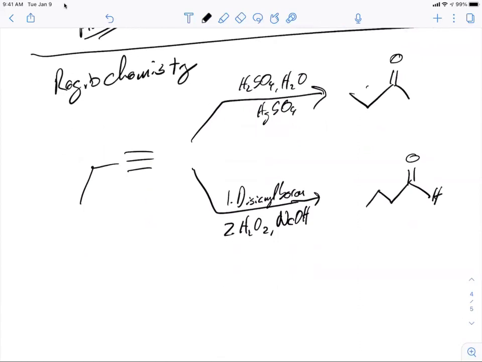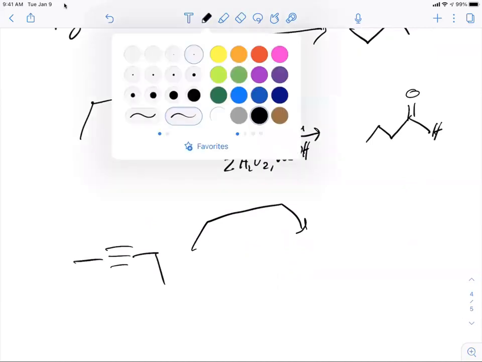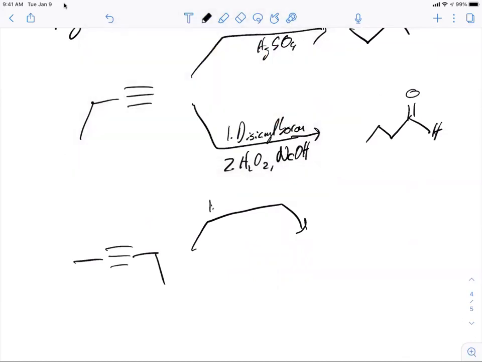And then if we look at those two, the other thing we can look at is internals. And with internals, right, we don't have any selectivity. So whether we use water, an acid, and the mercury salt, or we add the 9-BBN, those are all interchangeable.